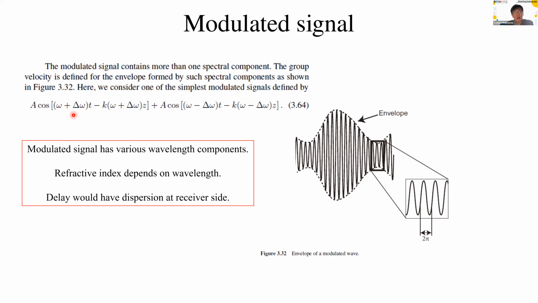So the high frequency component has some deviation from the average. Here is the lower frequency component, and the wave number k would be a function of the frequency. So we can describe it like this.